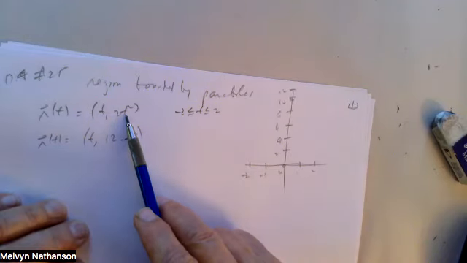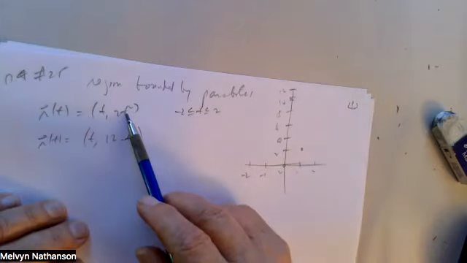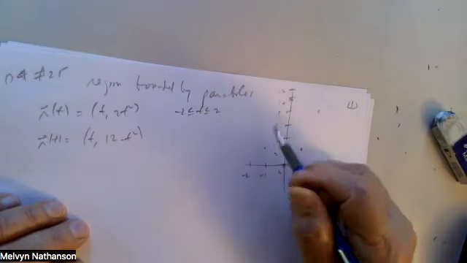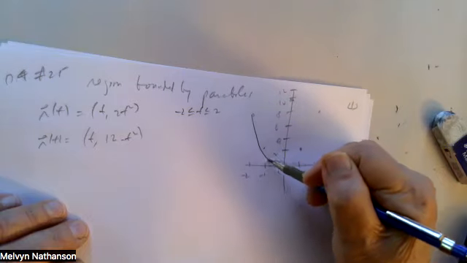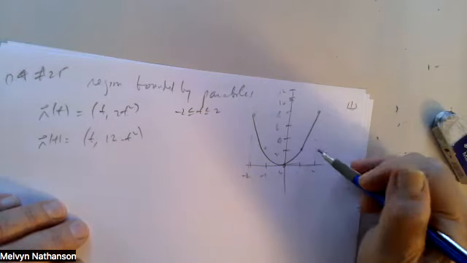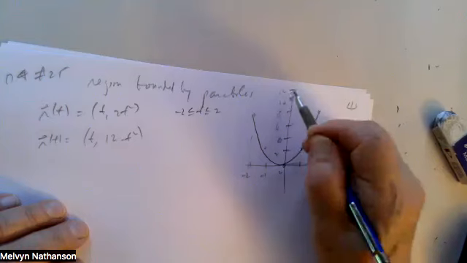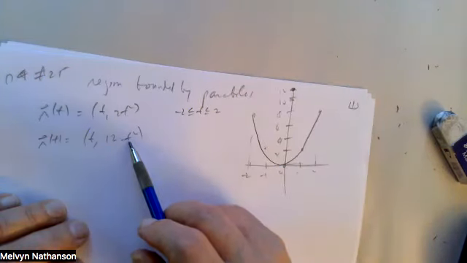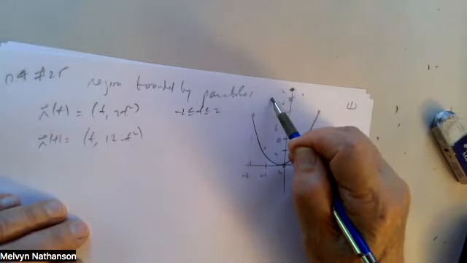When t is 1, this is 2. And when t is 2, this is 8. So that parabola is like that. In the parabola t, 12 minus t squared, when t is 0, this is 12. When t is 1, it's 11.